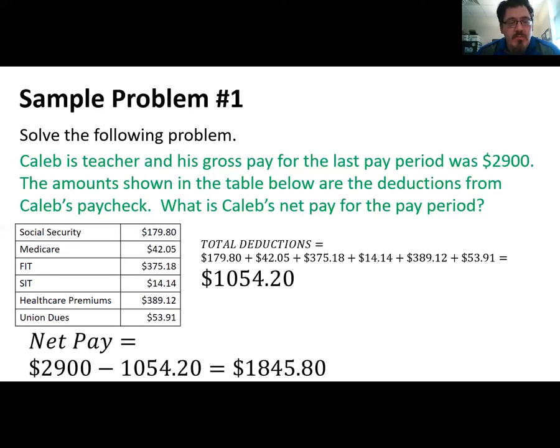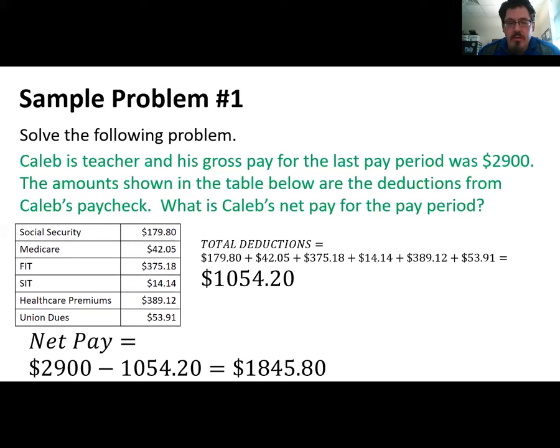So when we do that subtraction, we end up with $1,845.80. This is Caleb's net pay. This is the amount of the check that he actually gets when he receives either the paper check or if it's direct deposited into his account. This is how much he takes home.